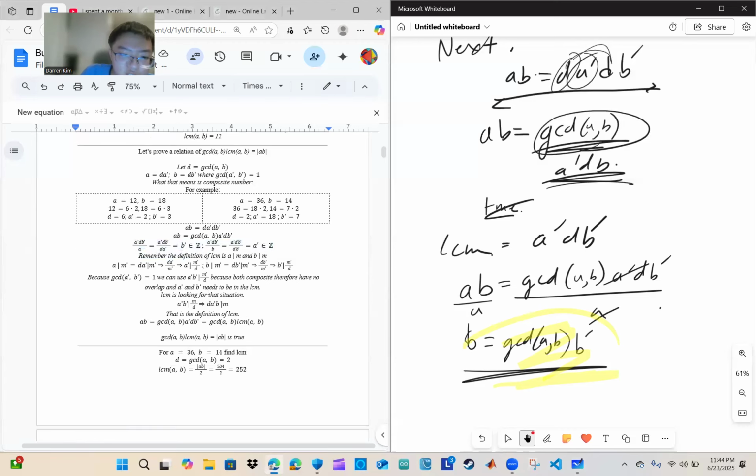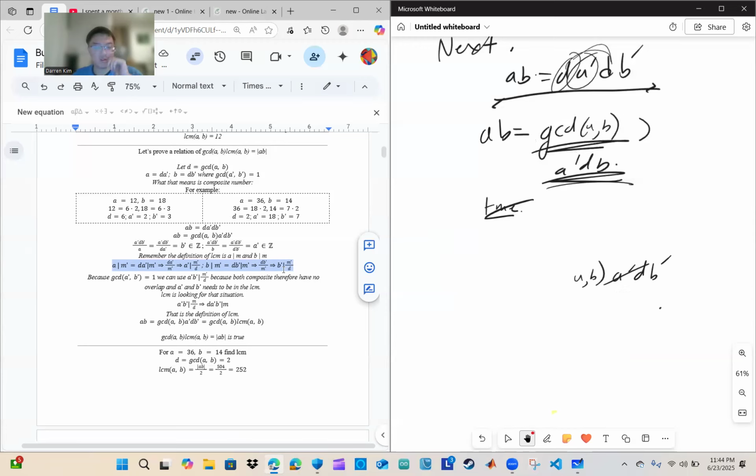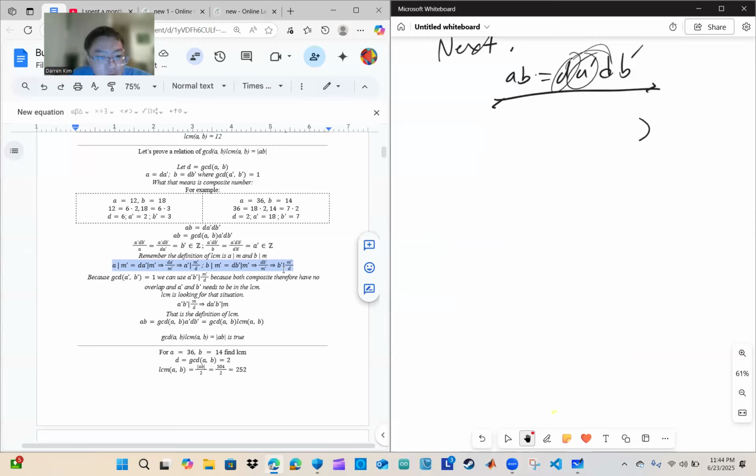And remember the definition: A divided by M and B divided by M. So in the end of the day, we get this format. Why do we need that? Like, we need that.